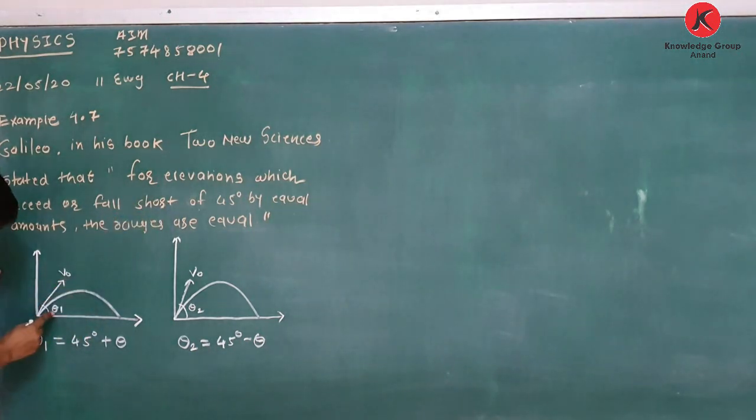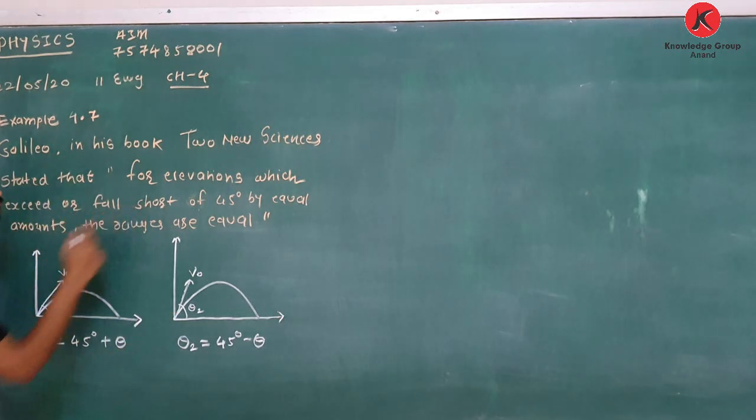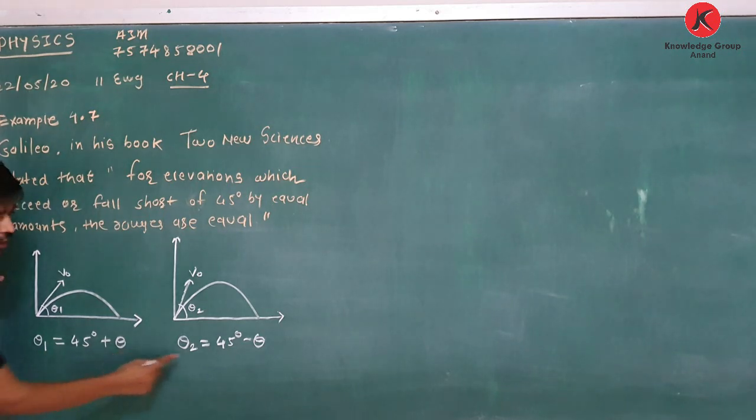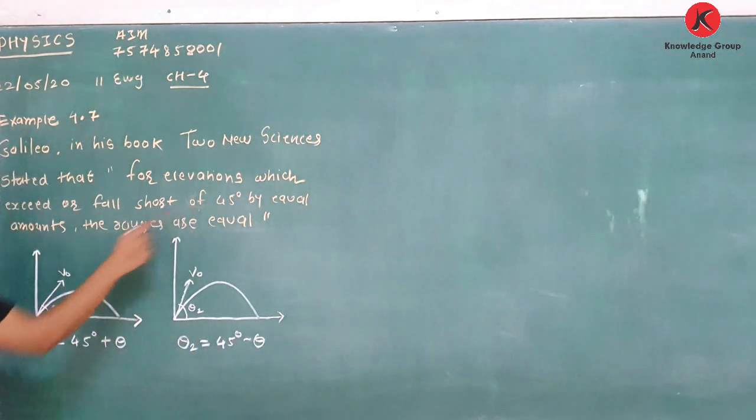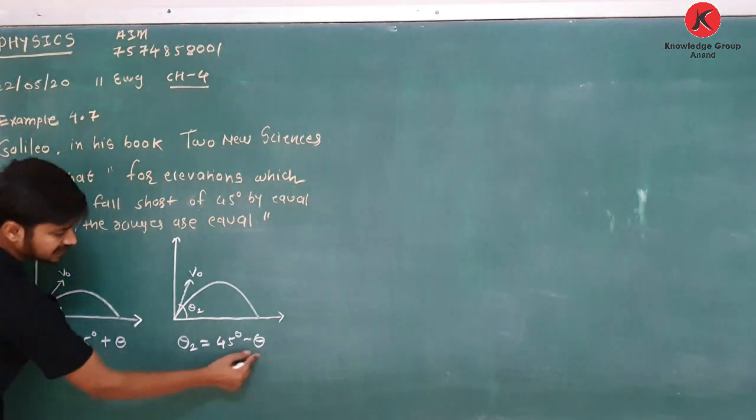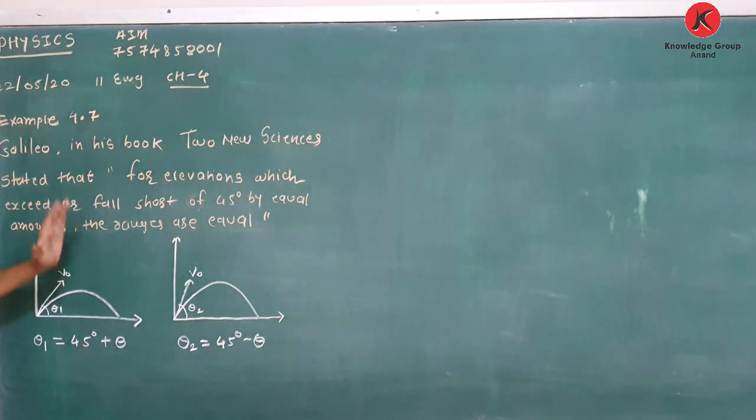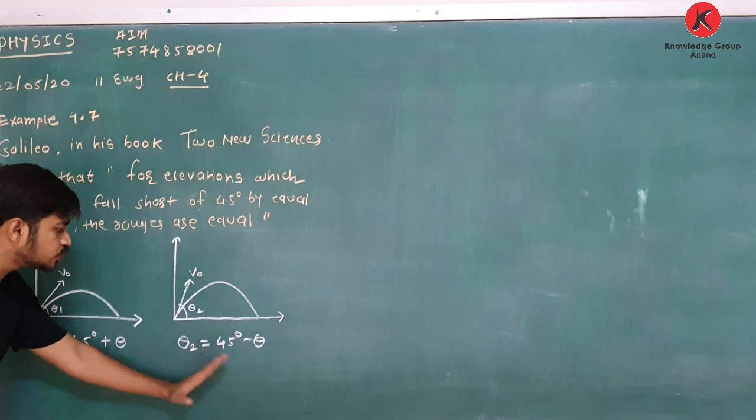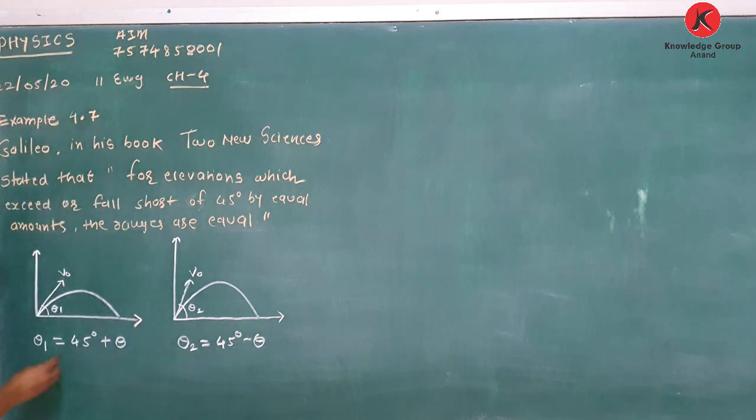For elevations means angles theta 1 and theta 2, which exceed or fall short of 45 degrees by equal amounts, meaning theta, the ranges are equal in these two cases. If in the first case the range is R1, what is range? Range is nothing but horizontal distance.